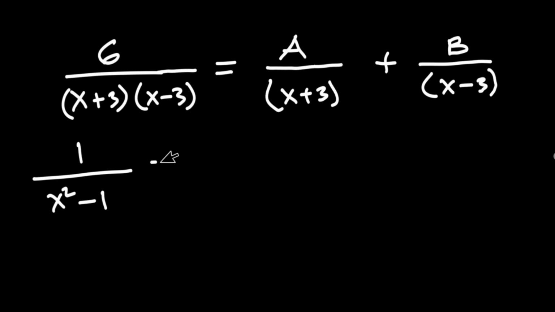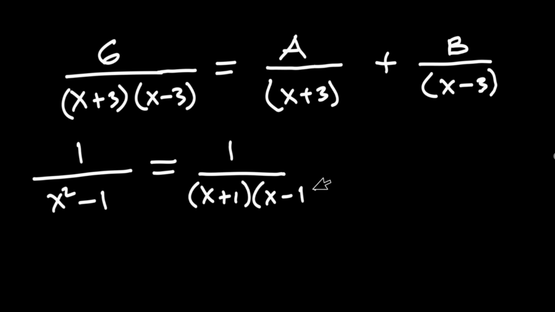So if we try to express this in its partial form, first of all, we have to rewrite this in its factored form. So this is going to be 1 over, because this is a difference of two squares, we can express it as x plus 1 times x minus 1. There we go. And we see that this is of this form right here.